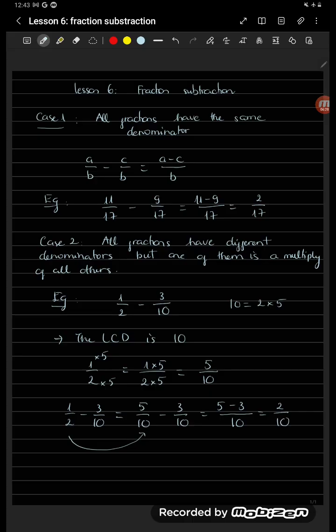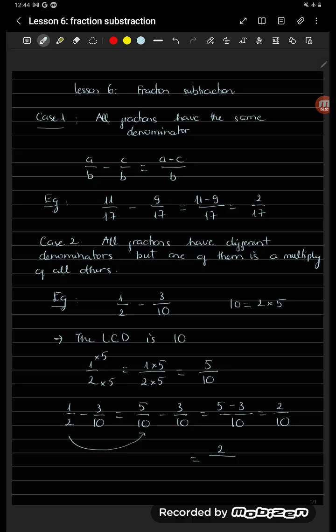But 2 over 10 is not the most simplified fraction, because 2 and 10 can both be divided by 2. So how do we simplify it? 2 is already a prime number, so we cannot write it as a product of primes anymore.